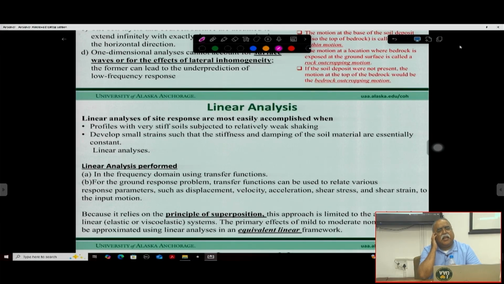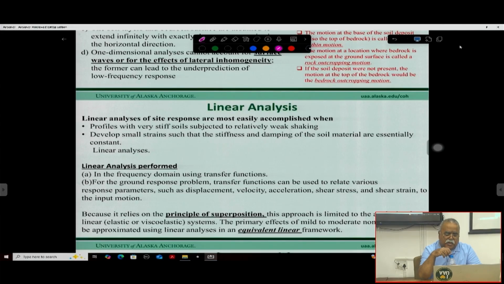The case is this, that the things are linear, but the linear type of assumption is not always true, and sometimes we do see non-linearity. So in order to have the better of the two worlds, we will say that this soil is being subjected to an equivalent linear analysis, right?